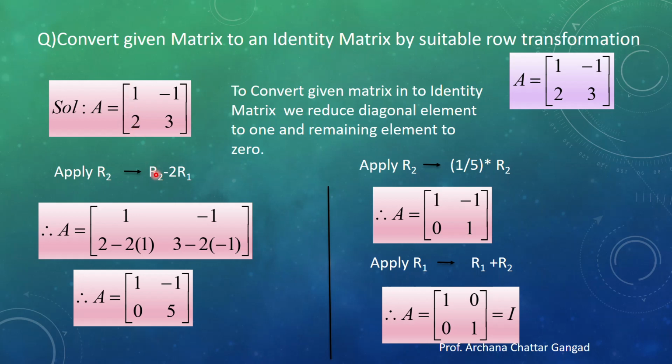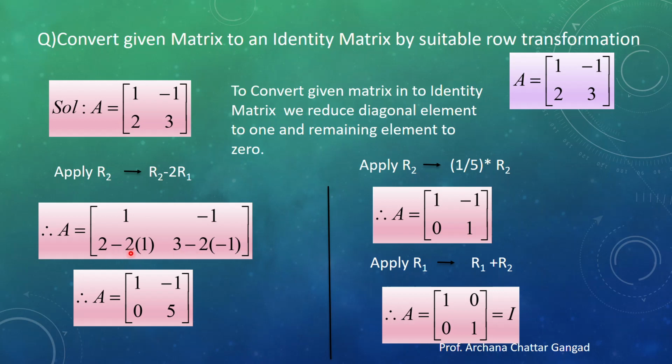So R2 value is here minus 2 times, because the 2 value is in R2 position. With respect to the diagonal element A11, that this element occurs in first row. So R2 minus 2 times R1. So this row operation we have to perform here so that this position becomes 0.